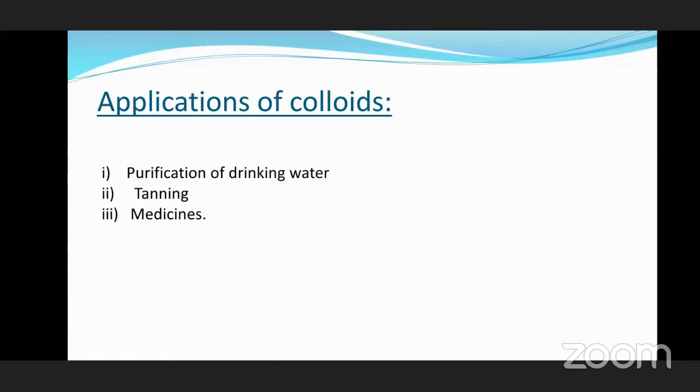Right. The second point is tanning. Here, very important one. What is the meaning of tanning? It is also asked for exams; some question papers contain this type of question. Tanning means purifying skins, like animal skin. By purifying the animal skin, it is hardened.